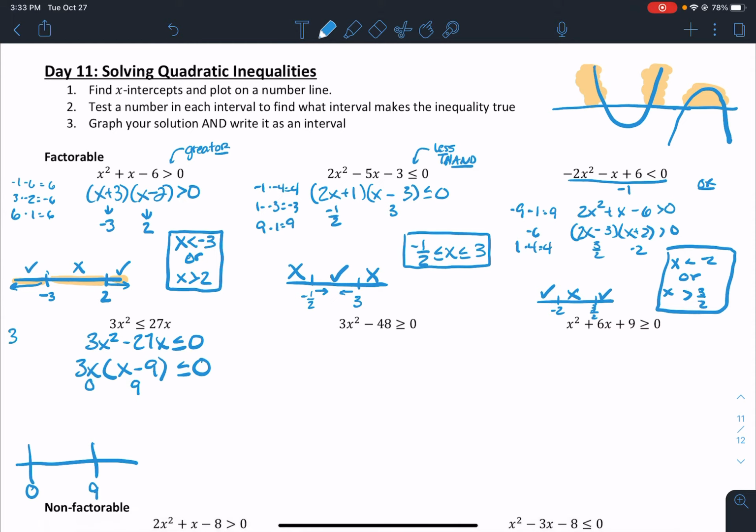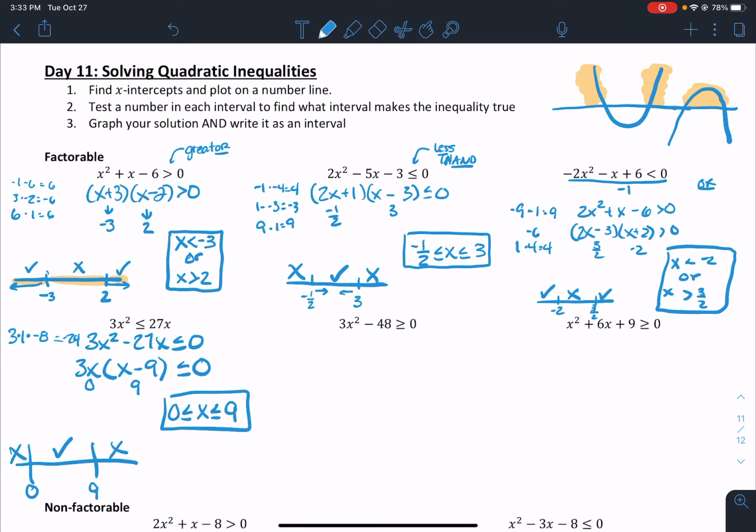So I'll have 3 times 1 times 1 minus 9, which is -8, so that'd be -24. And that is less than 0, so it works here. It will not work outside. This is a less than problem, so I kind of knew that. And it's 0 is less than or equal to x, which is less than or equal to 9.